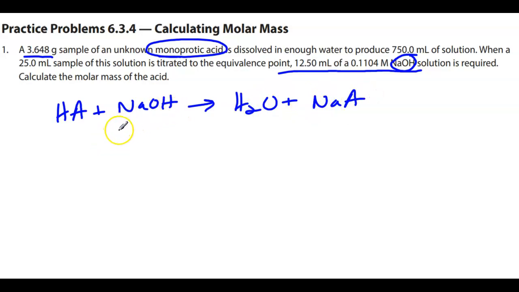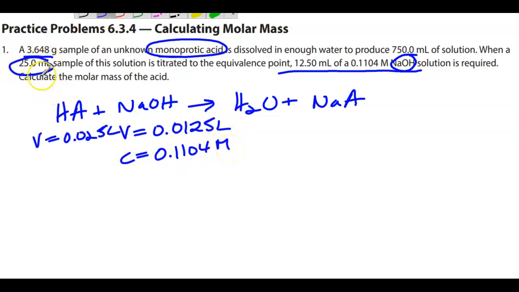Okay, so we have the volume of the NaOH, 125 liters, and the concentration given. And we have the volume given for the amount that was titrated, so the 25 milliliters. Now, ultimately, the goal of this is we want to calculate the molar mass of this acid.